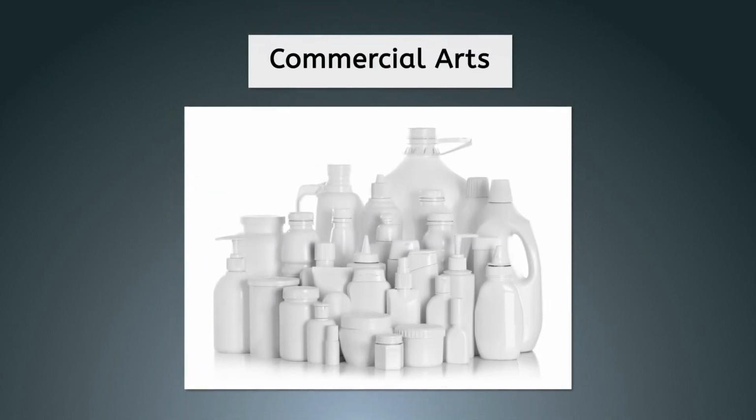Commercial arts are those things that are designed for a business purpose, like product packaging or advertising. So, in review, an art object can be observably classified as representational, abstract, or non-objective, and can be functionally classified as fine art, decorative art, or commercial art.